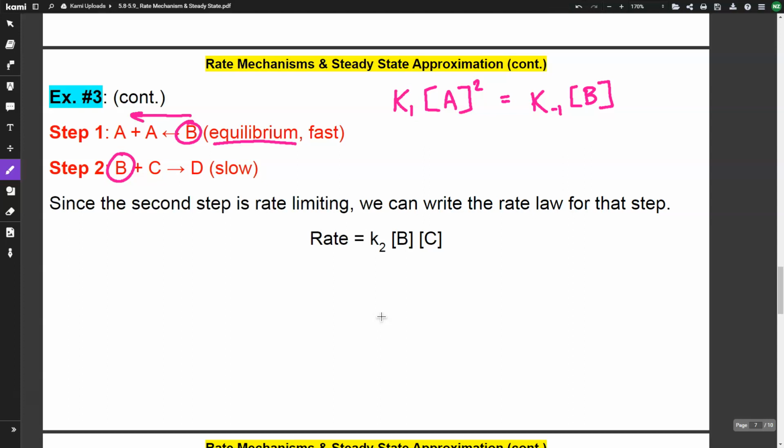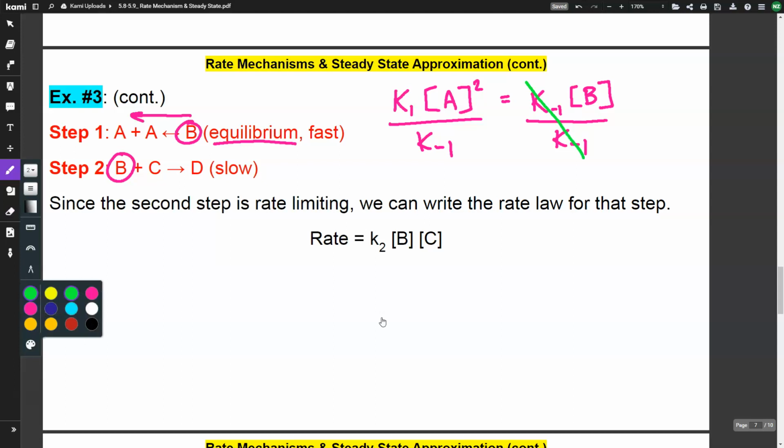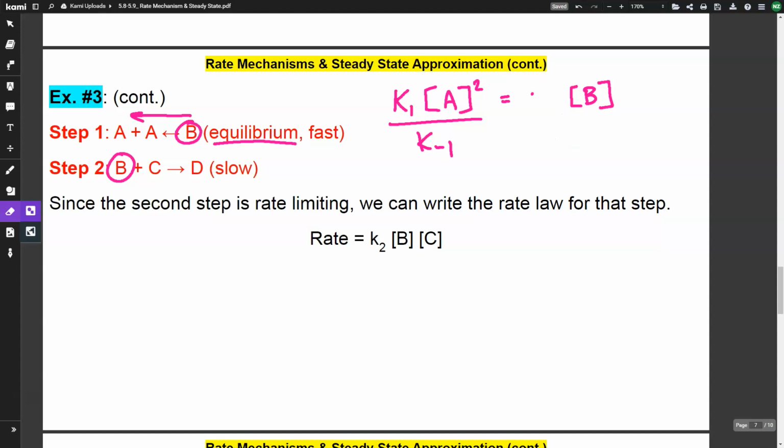To do that, I would divide both sides by k minus 1. On the right side, that would cancel out, and I would be left with B is equal to k1 times A squared over k minus 1.